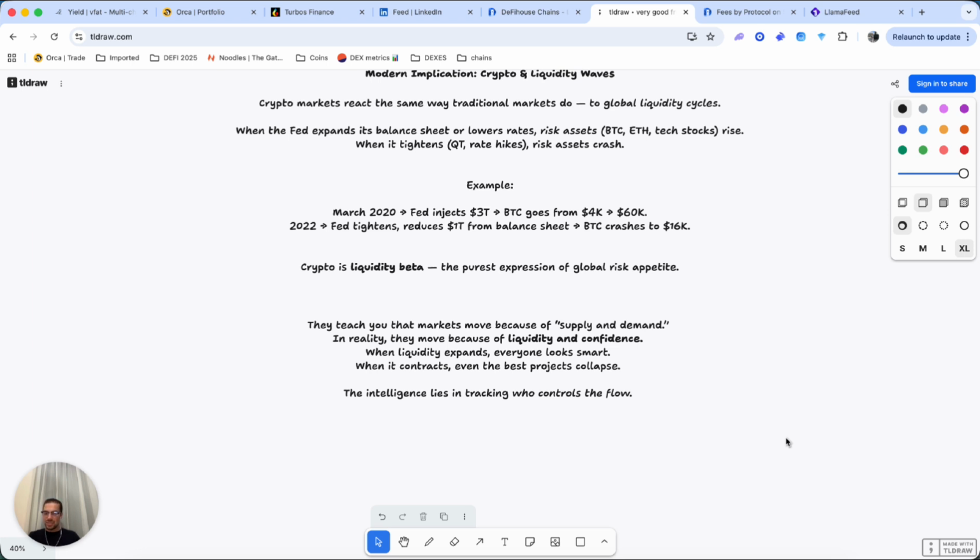But the intelligence lies in tracking who controls the flow, what is happening in the markets from the macro events. What is the Fed doing? What is the ECB doing and other central banks? Are they buying assets, injecting liquidity or contracting it? And if it's in between, what kind of tone are they using when they are announcing different speeches, etc.